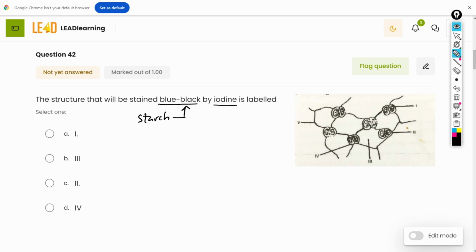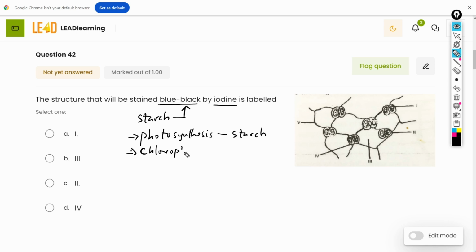So if we are to look for the structure that will be stained blue-black, we should be considering the part where photosynthesis will take place, because photosynthesis will bring about the production of food in the form of starch. Then we ask ourselves, what structures will carry out photosynthesis? The chloroplasts.